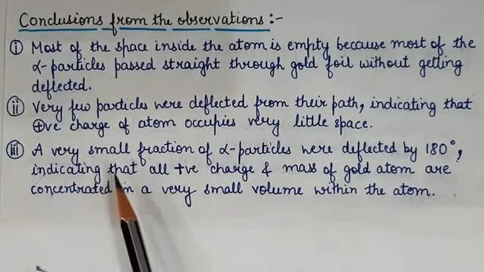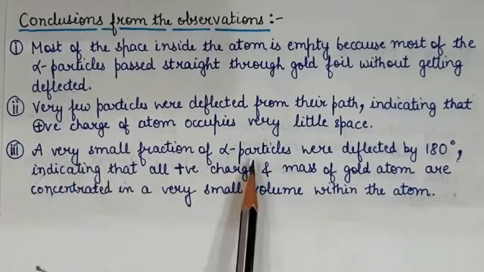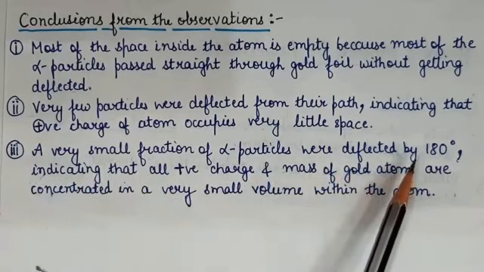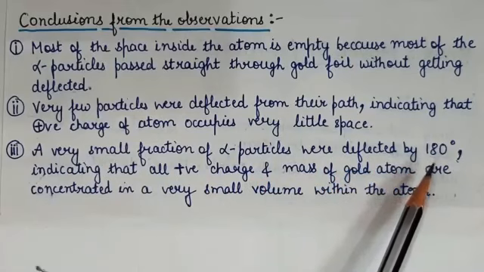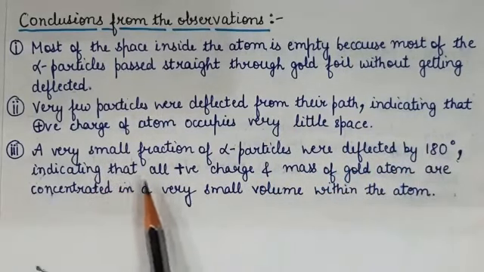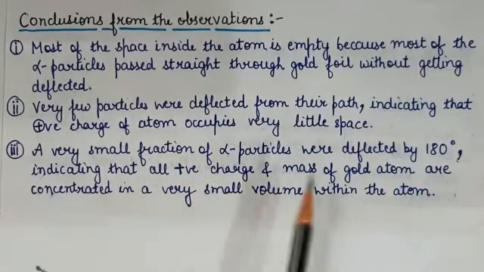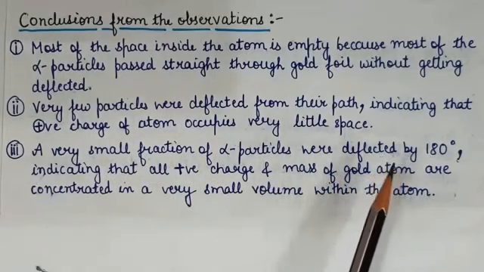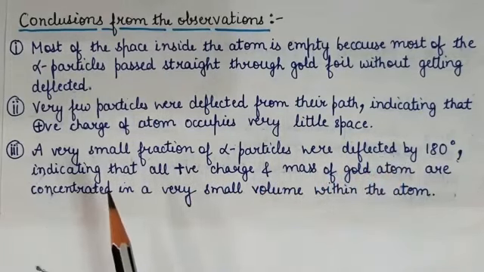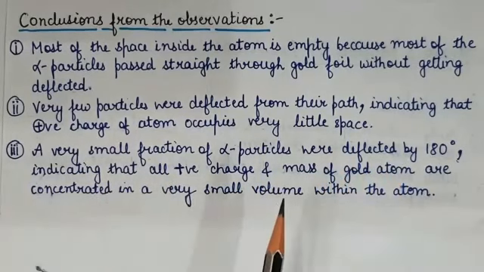And the third, a very small fraction of the alpha particles were deflected by 180 degrees. What does it indicate? It indicates that all the positive charge as well as the mass of the gold atom are concentrated in a very small volume within the atom. So these were the conclusions drawn from the observations of the alpha scattering experiment.